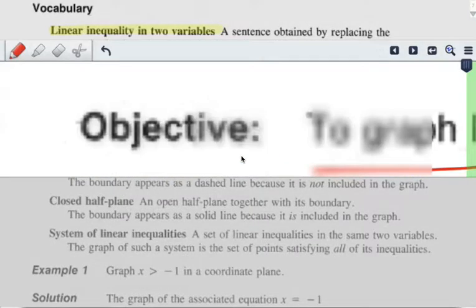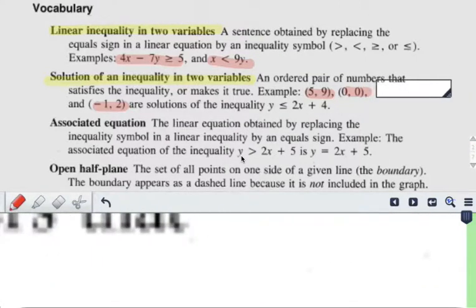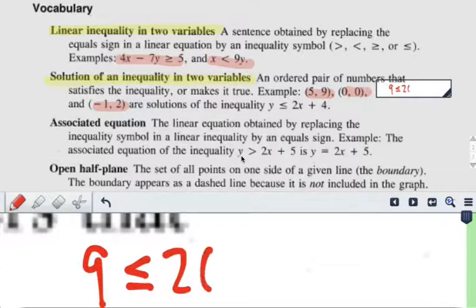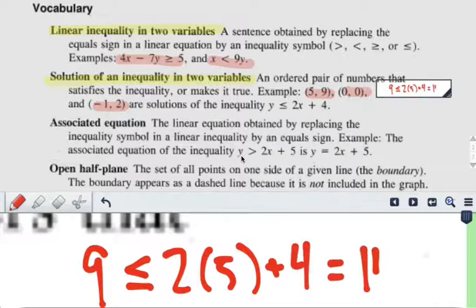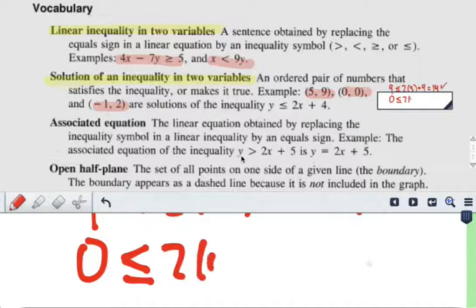Let's investigate that for a second. Let's take one of them. If x is 5 and y is 9, I get 9 is less than or equal to 2 times 5 plus 4. 2 times 5 plus 4 is 14, so that is indeed true. If y is 0 and x is 0, we get 0 is less than or equal to 2 times 0 plus 4, or 0 is less than or equal to 4.